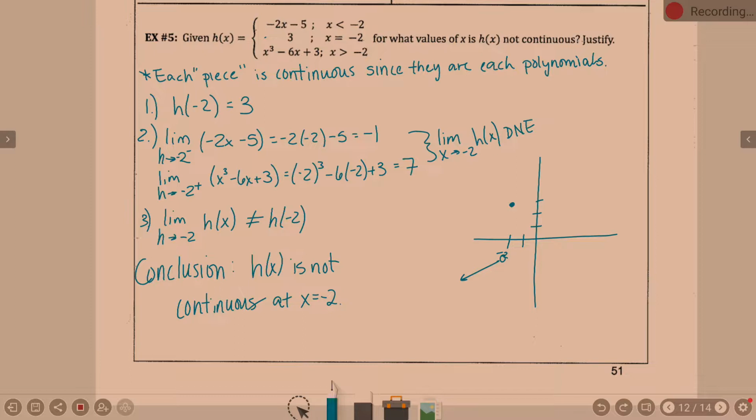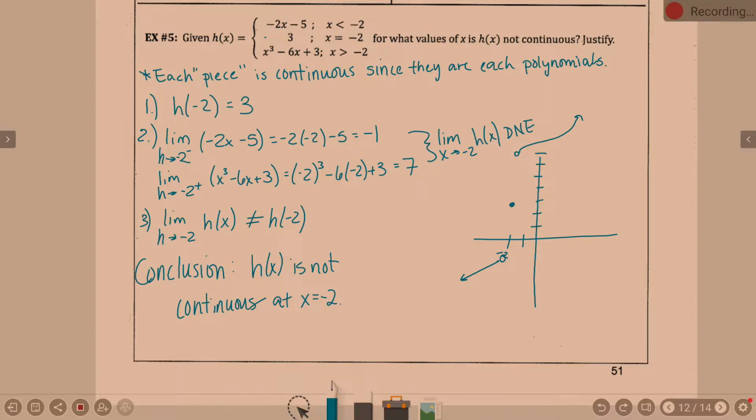The limit from the right is going to say that my graph is from there somewhere, right? Like, that's the idea of what we found. The point exists here, but the limit from the left and the limit from the right are 2 totally different things. So you could also think about it being like a jump discontinuity.